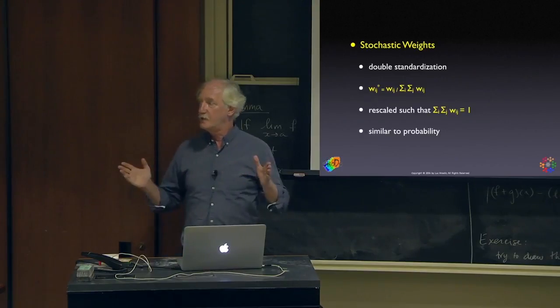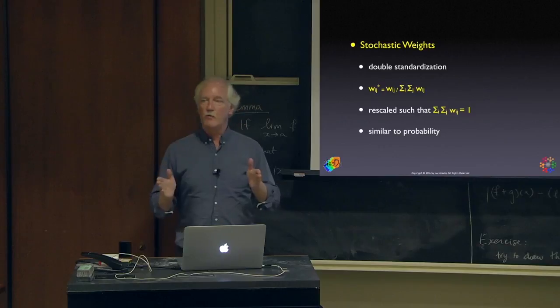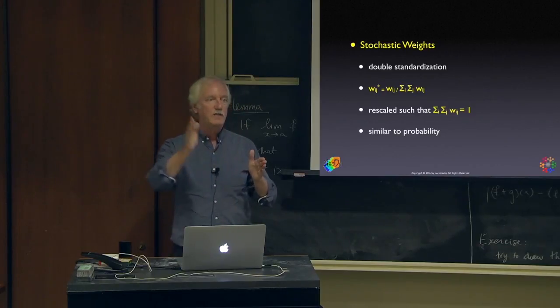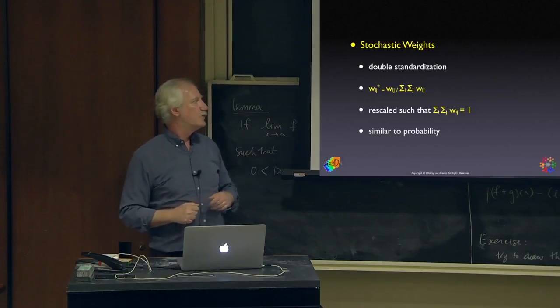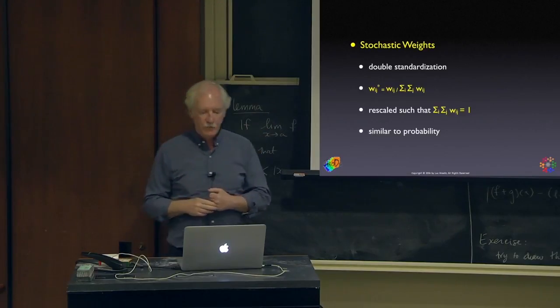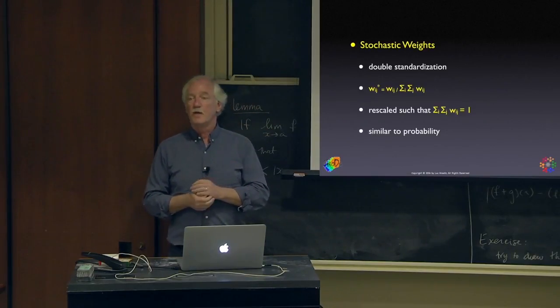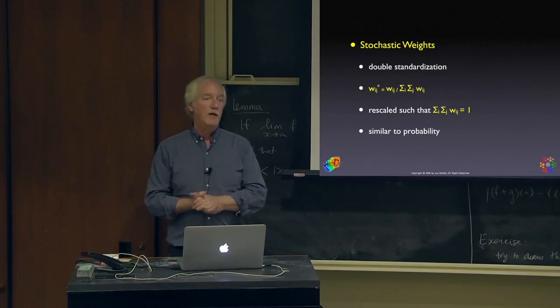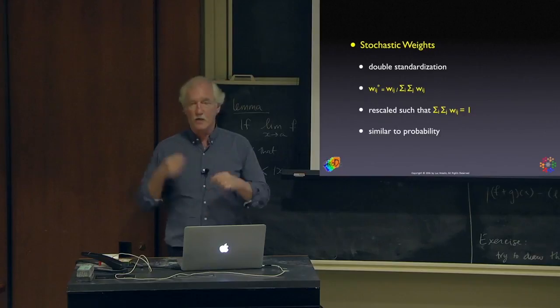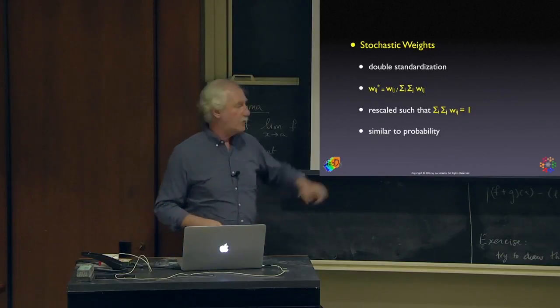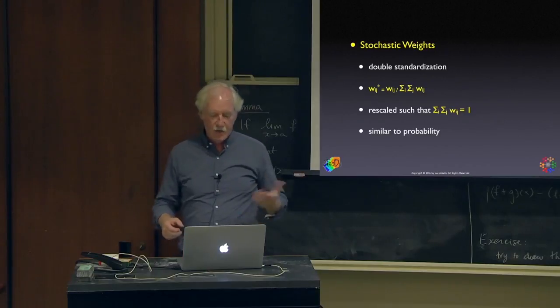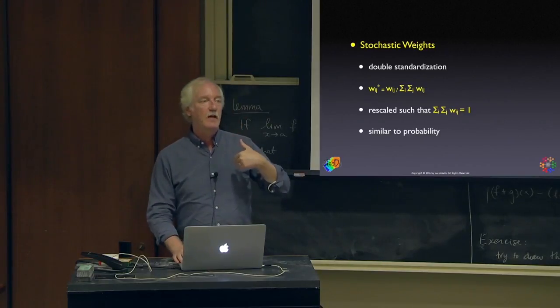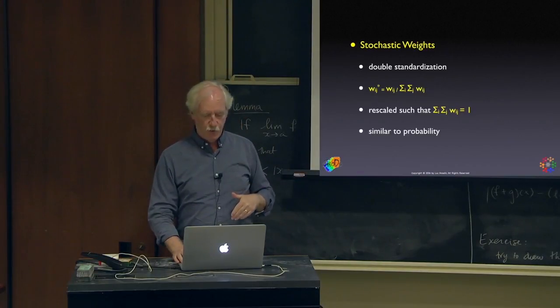So probabilities have to be between 0 and 1, and all the possible cases with all their probabilities have to add up to 1. So you do a double standardization. You divide each element in the original matrix by the total number of elements in the matrix that are non-zero. So the double sum over i and j of w_ij. And so then they're rescaled, and they all sum to 1.